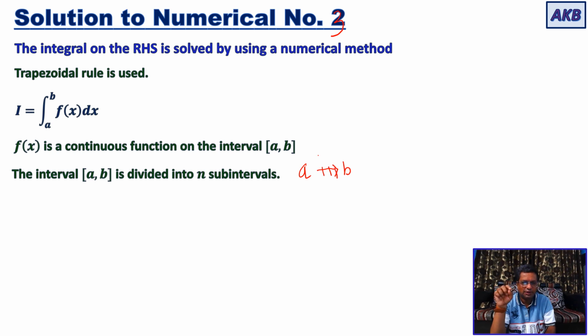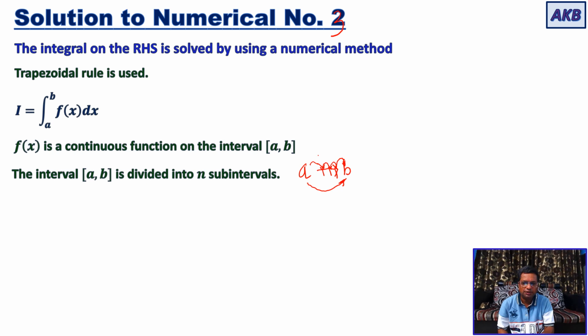Before, you start at a, and your objective is to reach b. But with trapezoidal rule, you'll be doing it like this: you'll be starting at a, reaching one destination, then the other destination, then the third one, and finally you'll be reaching b. That's why I'm saying the interval a to b is divided into subintervals.